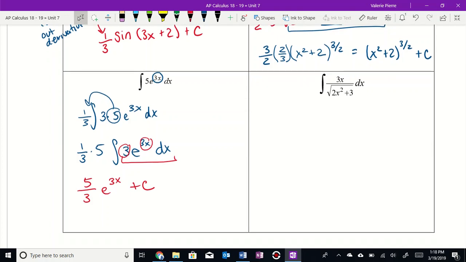So now this last problem, we're going to rewrite this. It gives us the integral of 3x times 2x squared plus 3 to the negative 1/2 dx.